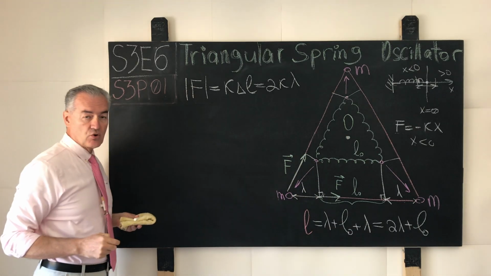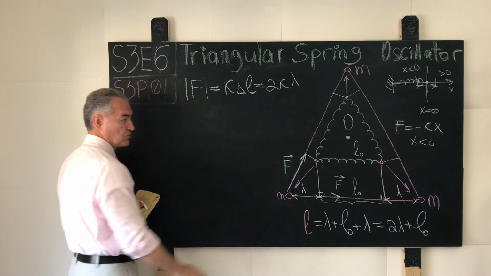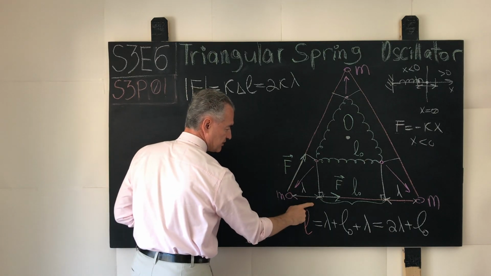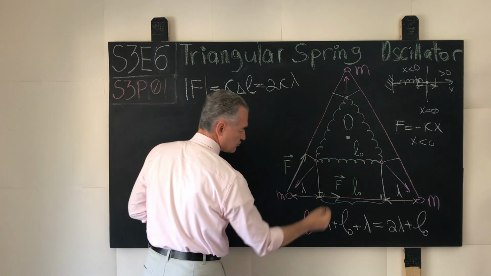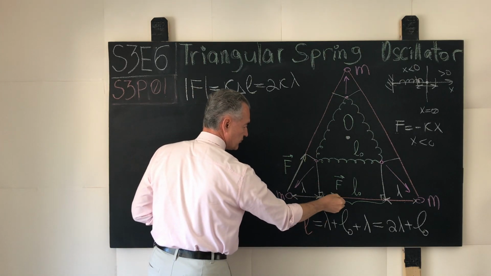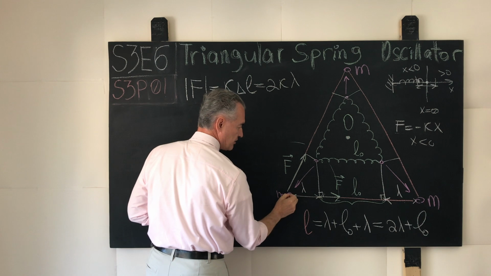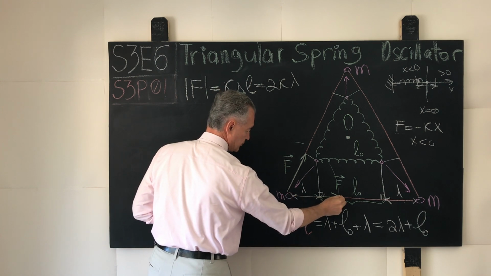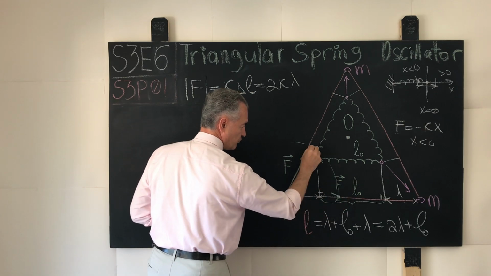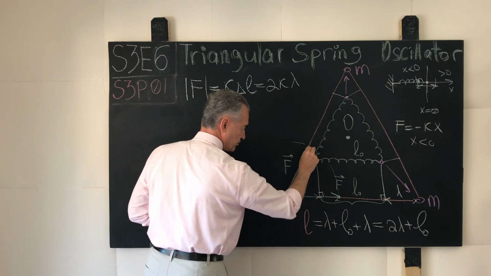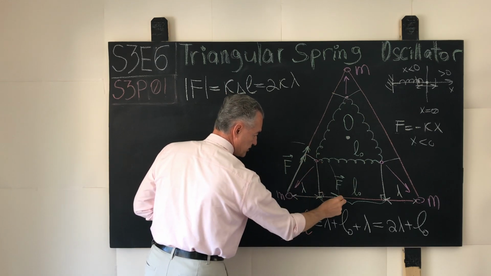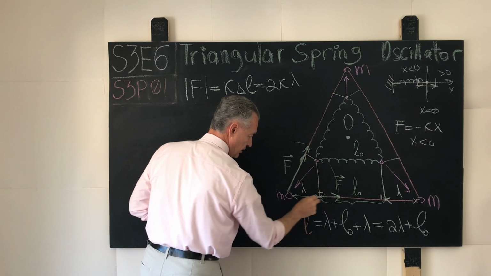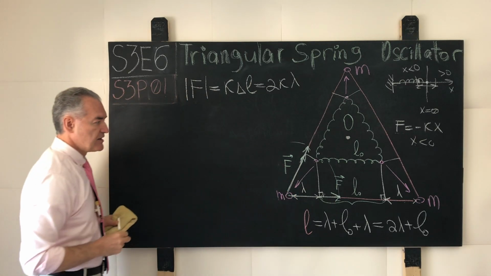The magnitude of each force is the same. So the magnitude of this force and the magnitude of this force are one and the same. On my drawing, it probably doesn't look that way, but if you draw a circle centered at the point M, with a radius equal to the magnitude of one force, it has to hit the other. So this force will be that much in magnitude, and this one is that much in magnitude.